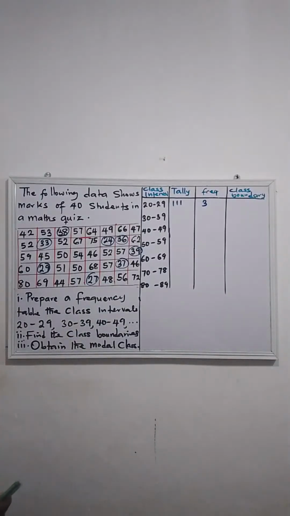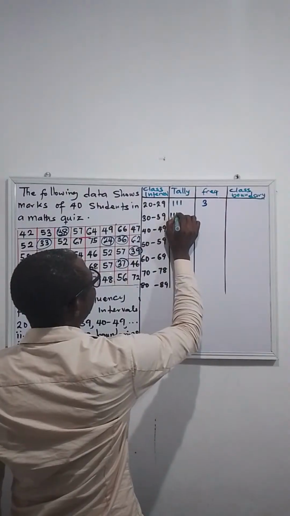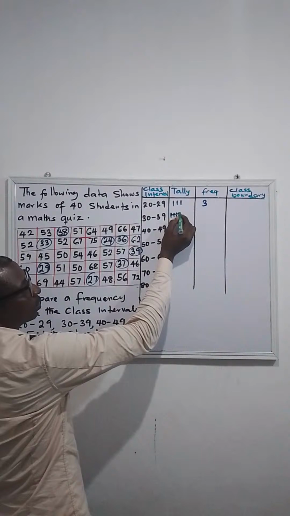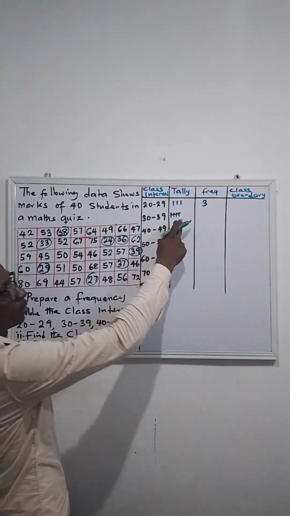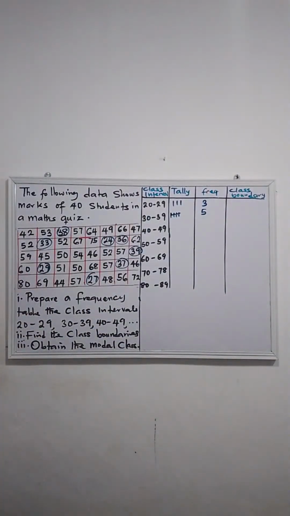We have 5 altogether. So we have 1, 2, 3, 4. You don't need to write the fifth one, just cross it. Once you cross it, that means this is 5. So you can write your 5 here. All right, you understand that?